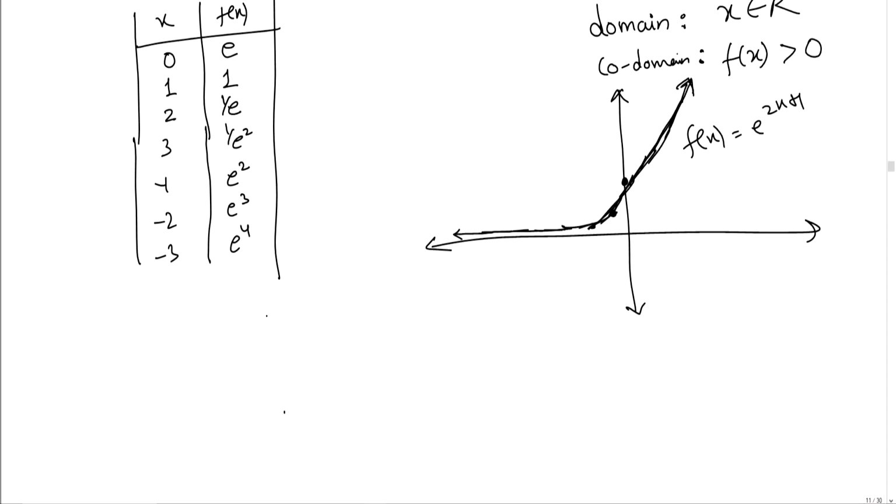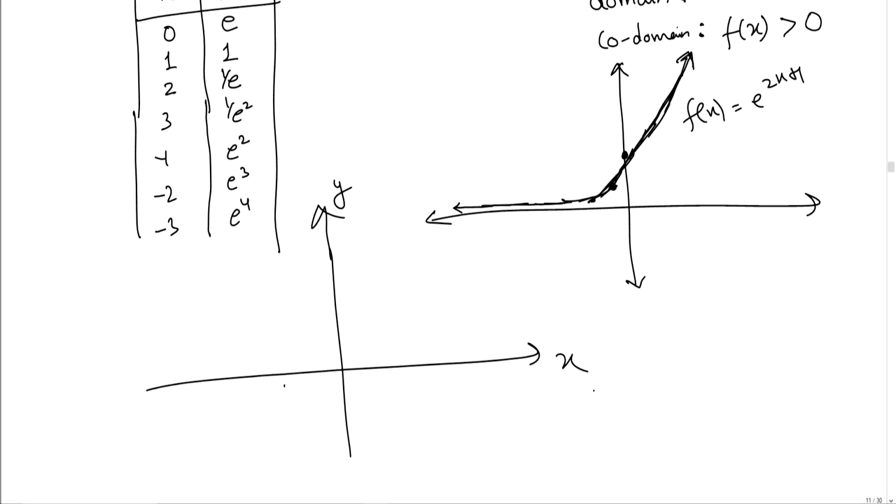So how would the graph look? If this is the y-axis, this is the x-axis. Corresponding to 0, f of x is e. Corresponding to 1, f of x is 1, right? Corresponding to 2, f of x is 1 by e, and so on.